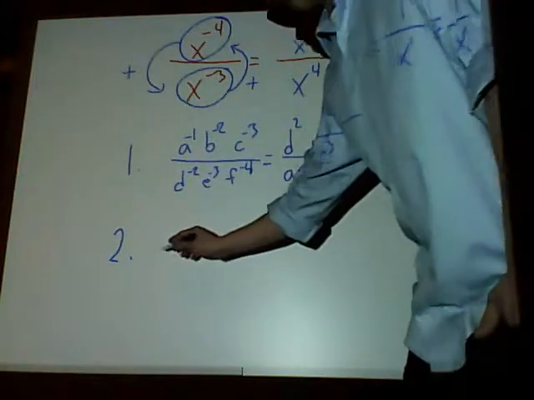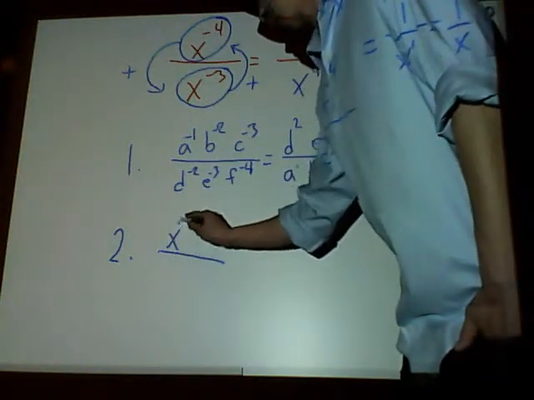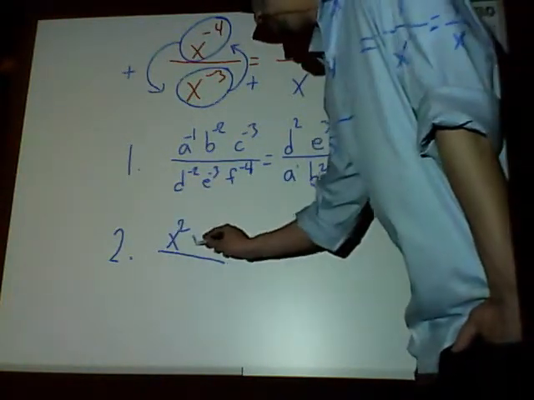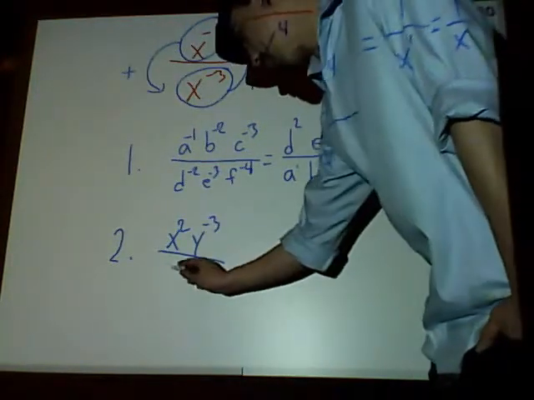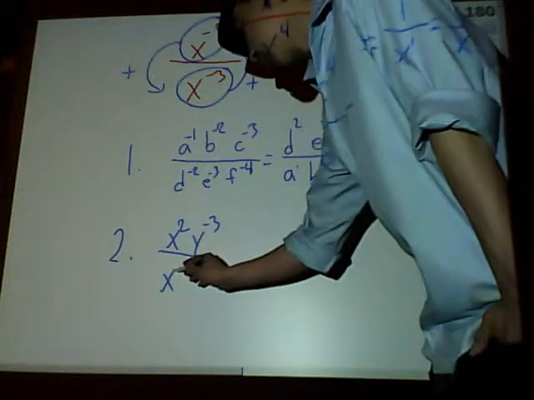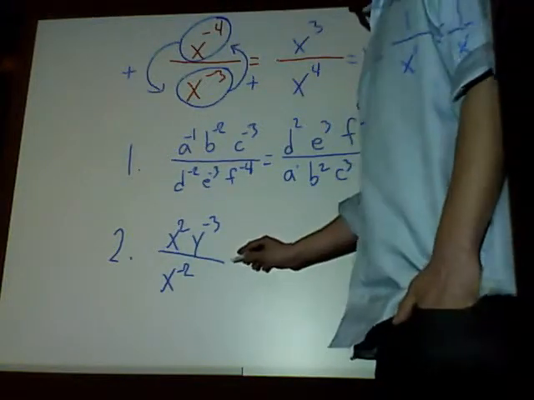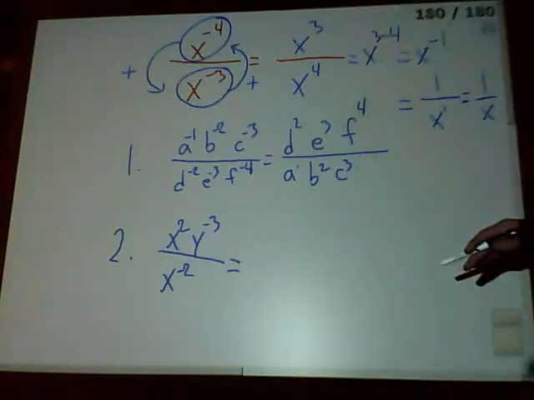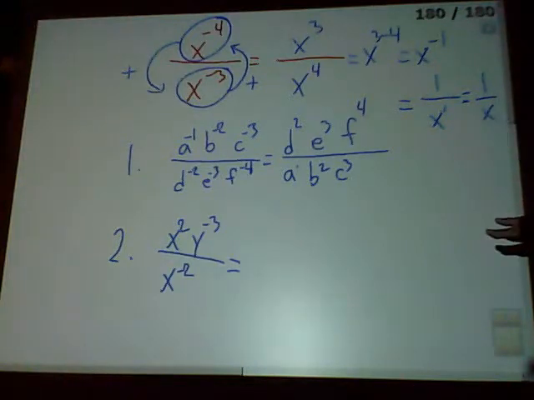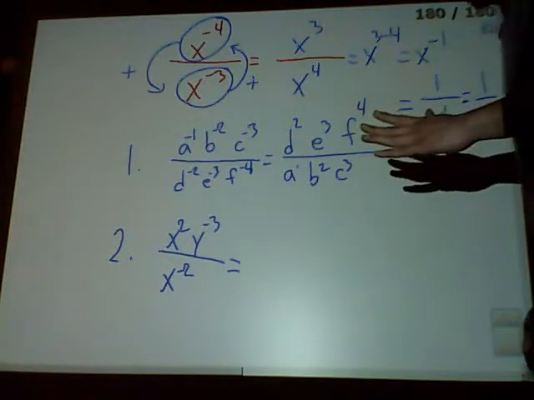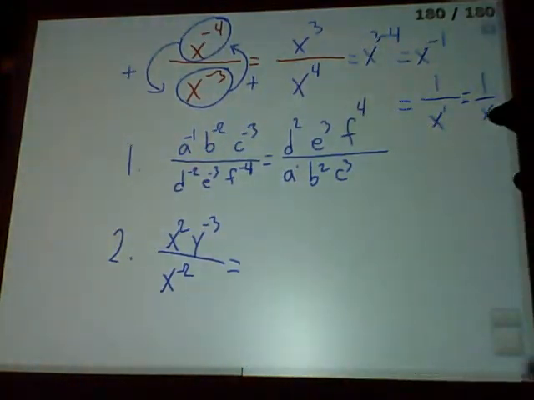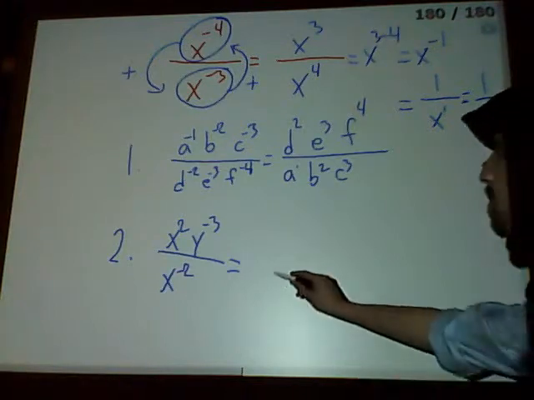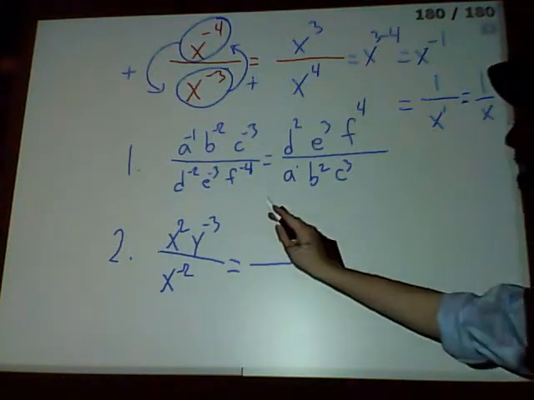So let's go ahead and do one more of these. Let's try x squared times y to the negative 3 times x to the negative 2. Okay, so what's that mean? Like I said, if they're negative, they move. If the exponent is positive, it's going to stay exactly where it is. It's not going to move anywhere. Now, if the exponent's negative, it has to move.